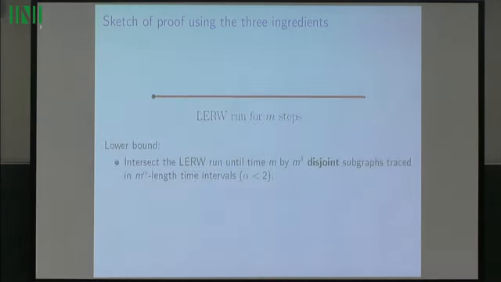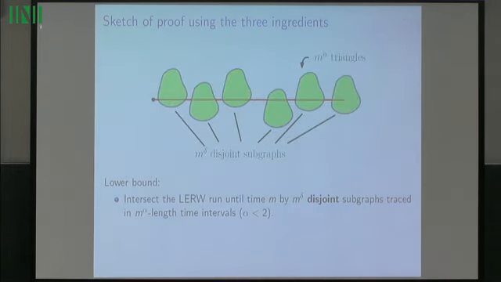Okay, and now to show my lower bound, again, I run my loop-erased random walk for m steps, and this time I'm again going to intersect it with m to the delta number of these subgraphs. This time I'll choose them to be disjoint, and rather than covering the loop-erased random walk, I just want to intersect it with this number of subgraphs.